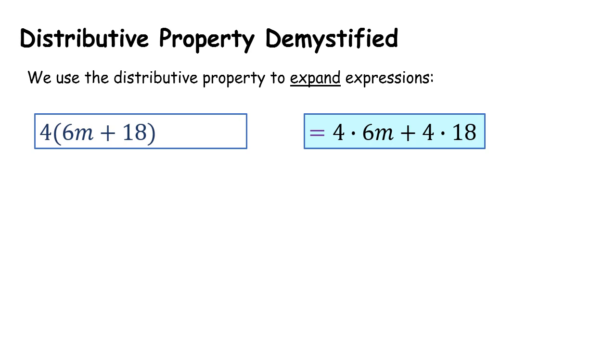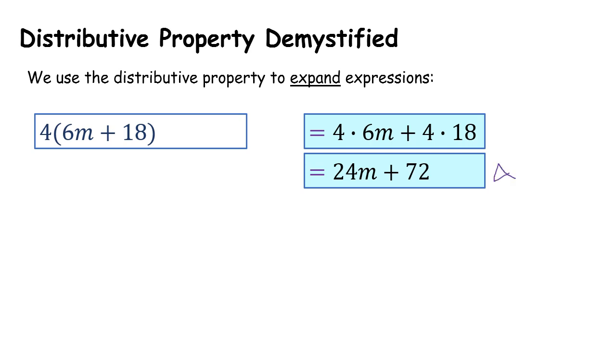So this is what we mean by expanding, writing the 4 twice, 4 times 6m plus 4 times 18. Doing the multiplication, 4 times 6m is 24m, 4 times 18 is 72. This would be our result after we expand: 24m plus 72.